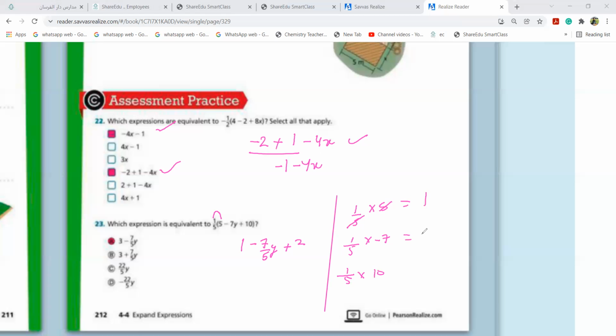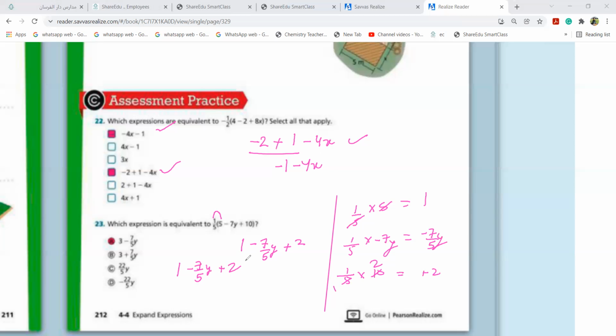When I multiply this, you get minus 7/5. When I multiply 5 times 1 and 5 times 2, I get plus 2. This one was with y, that's why I write y: 1 minus 7/5y plus 2. Okay?